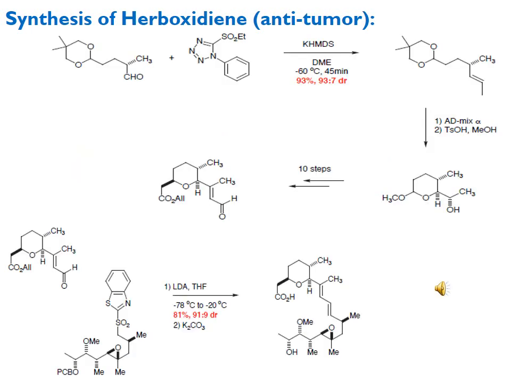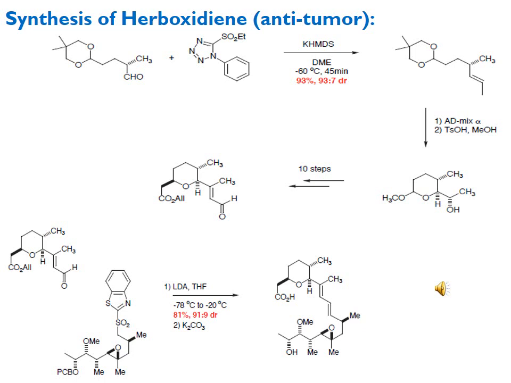Next drug is the anti-tumor Herboxidiene, and this drug is also prepared after too many steps, and we are discussing here only the simple steps which are related to this reaction. First, the aldehyde is treated with a tetrazole sulfone in the presence of a base, and we get a double bond, an alkene, and this alkene is treated in many steps, and we get a final product which also contains an aldehyde group.